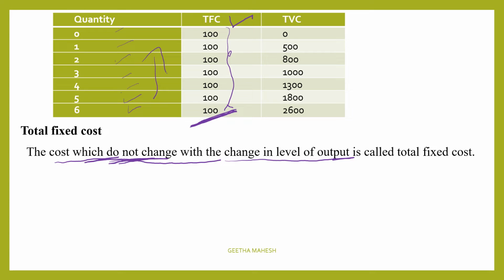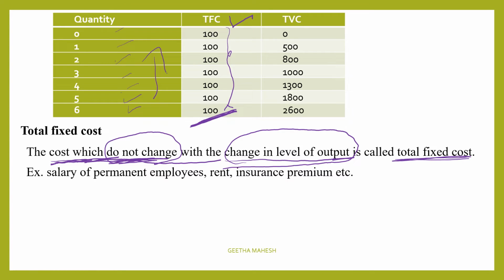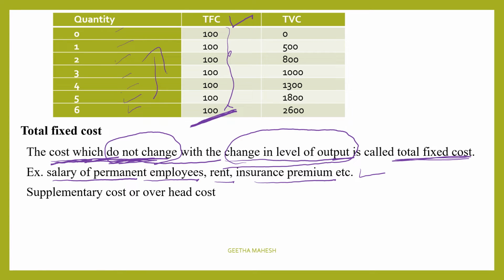I repeat once again, the cost which does not change with a change in the level of output, we call it total fixed cost. Examples for total fixed cost are salary of permanent employees, rent, insurance premium, etc. Dear students, this total fixed cost is also known as supplementary cost or overhead cost.